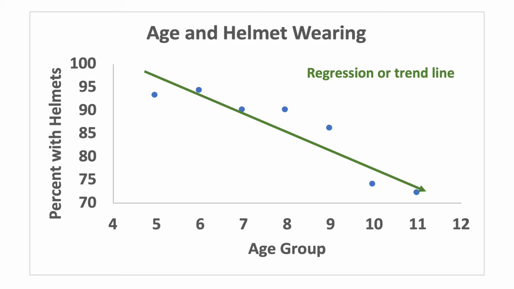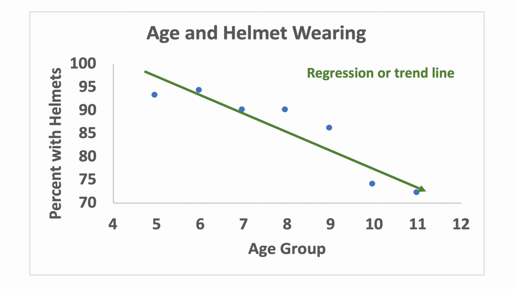So we drew a line through the dots, the data points, and this is called the regression or the trend line. Now, if the data points were all perfectly on that trend line, then there would be a perfect inverse relationship there.